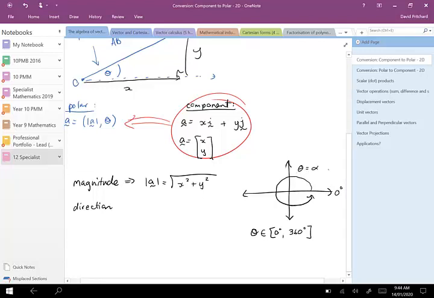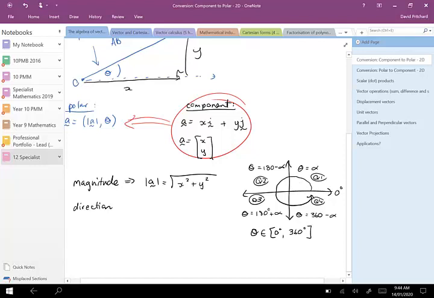If we're in quadrant 2, then because we'll calculate the acute angle, the angle will be 180 degrees take away the calculated acute angle. If we're in quadrant 3, the angle will be 180 degrees plus the acute angle. And if we're in quadrant 4, the angle will be 360 degrees take away the acute angle.